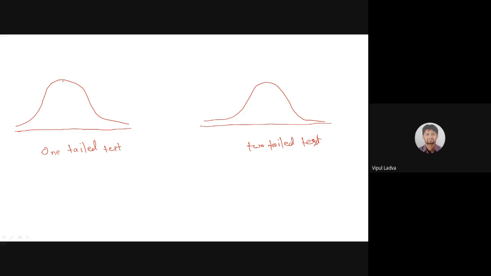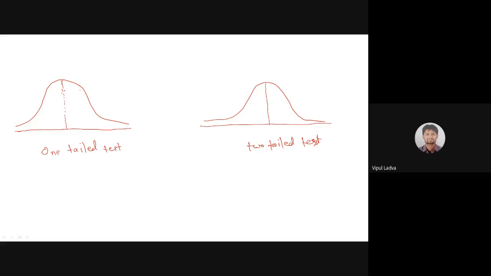Let's fix the x-axis also. This is the mean, and first let's deal with the one-tail test. If we are checking whether my alternative hypothesis is less than or greater than some value, then surely we will be dealing with a single-tail test.